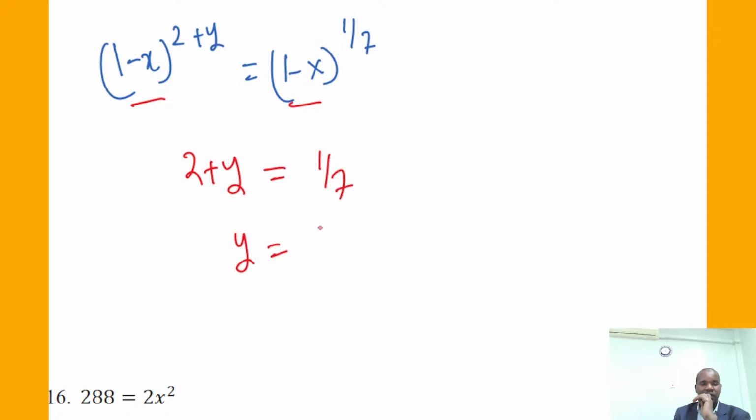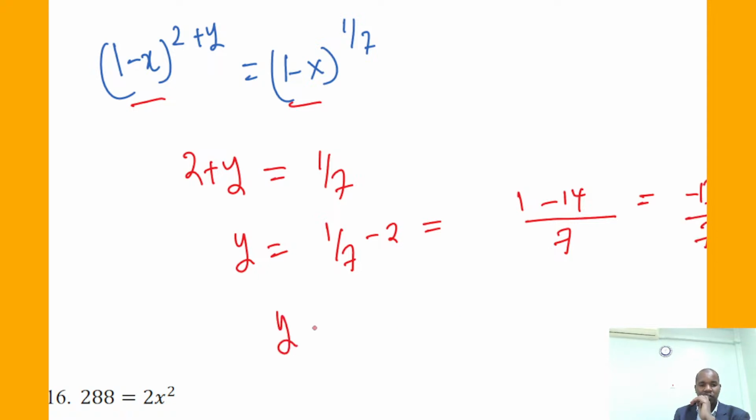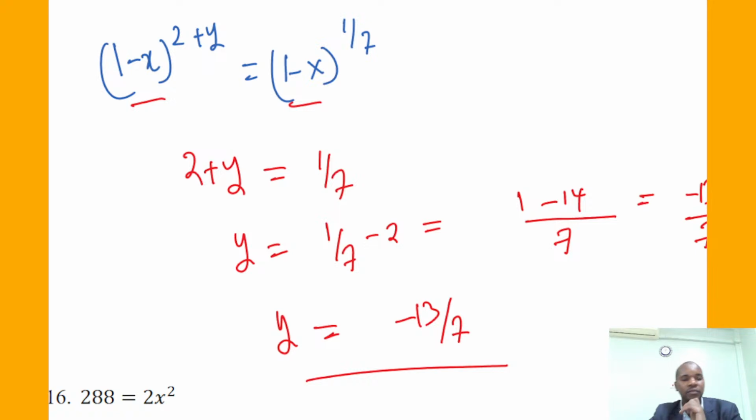So y will be 1/7 minus 2. Eventually you get 7 here, 1 minus 14, and we are getting negative 13/7. So the value of y will be negative 13/7, dear students.